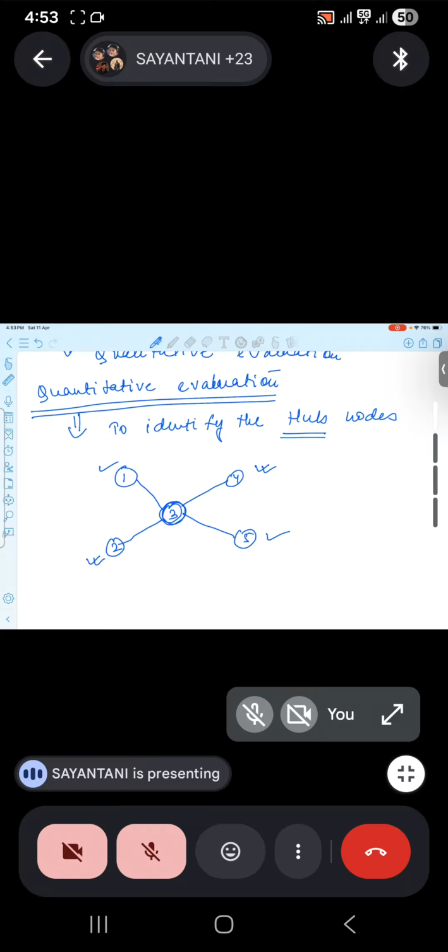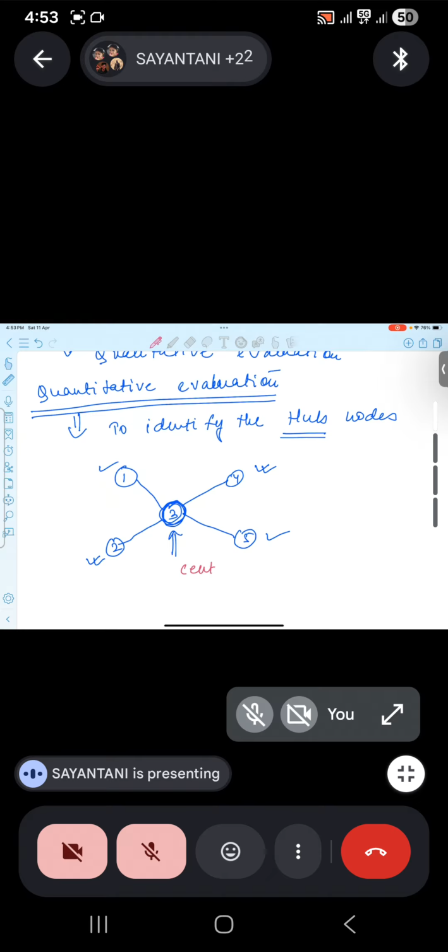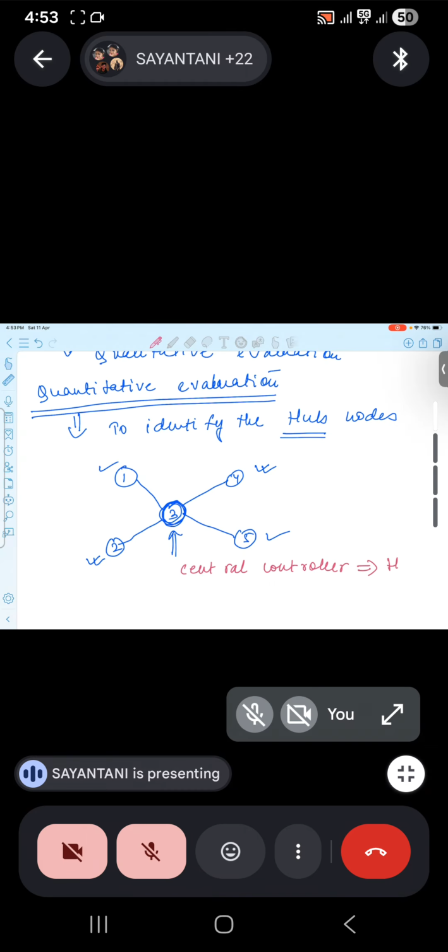Again from 2 to 5, it is passing through node 3. That means in this diagram, node number 3 is acting as a central controller of this entire network. And this has a particular term. This is referred to as a hub.